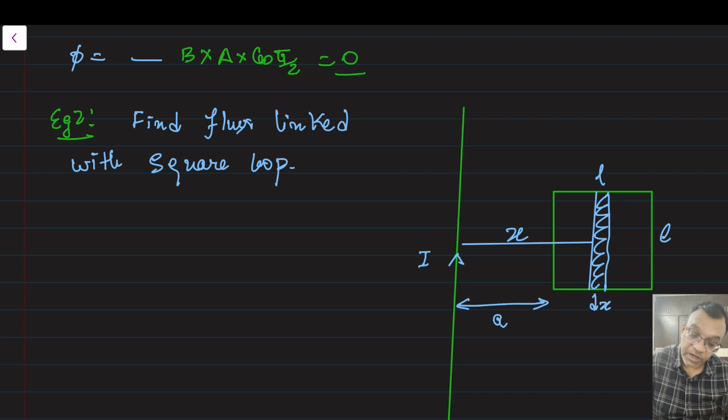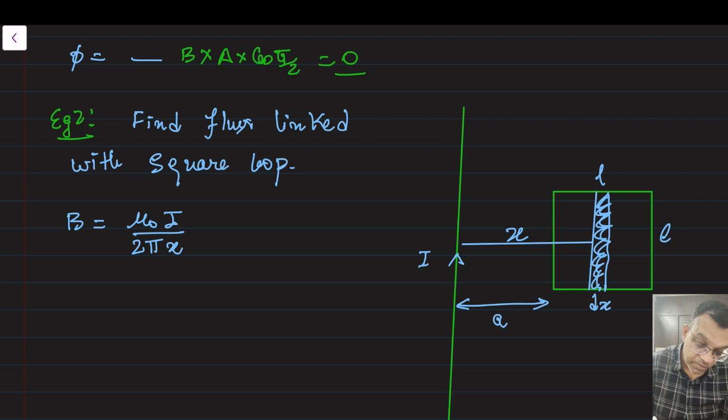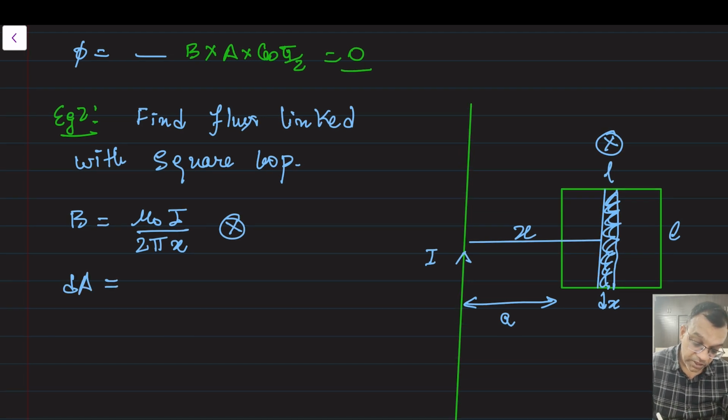This small area element we are taking. The magnetic field at the location of that element due to the wire will be mu naught I upon 2 pi x. Its direction, from right hand palm rule number 2, is into the plane of paper. And the area of this element is L into dx.